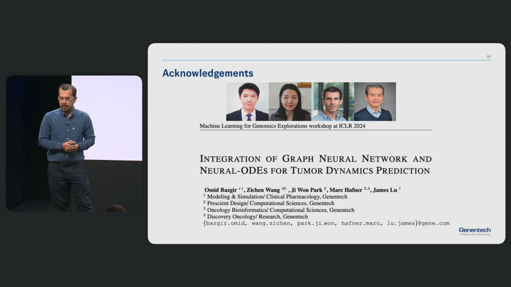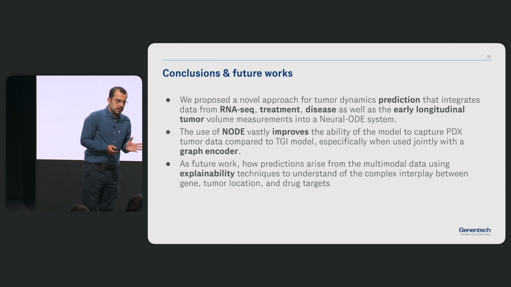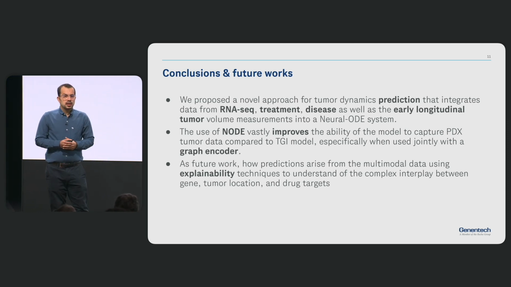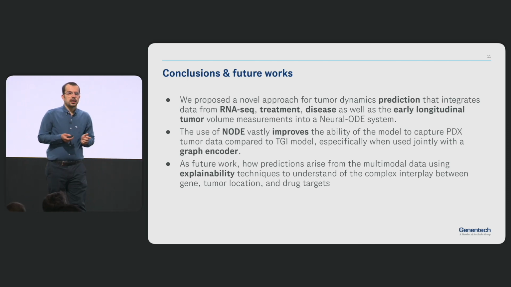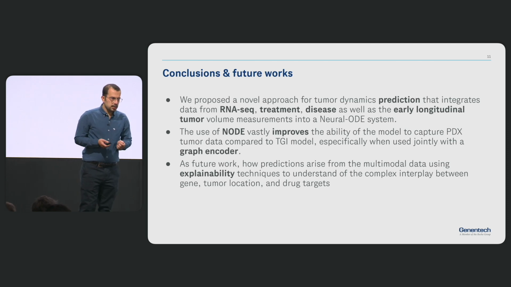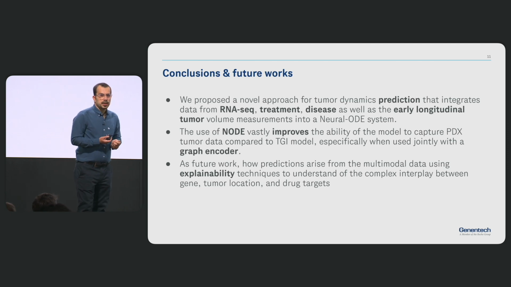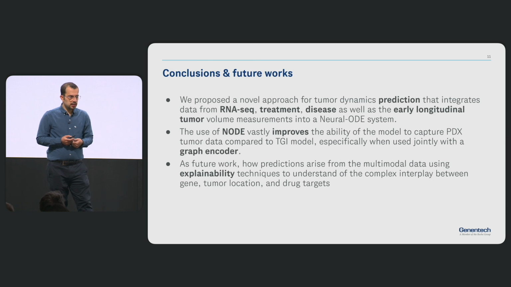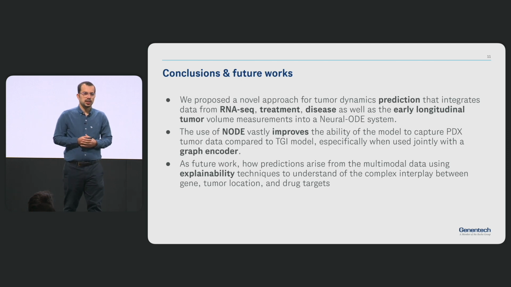And the conclusion here is, with this framework, we are able to propose how we can predict the tumor dynamic and integrate RNA-seq, treatment and disease into a model along with early longitudinal tumor data. We have also shown how it improves the Neural-ODE performance, and how it compares with TGI models.